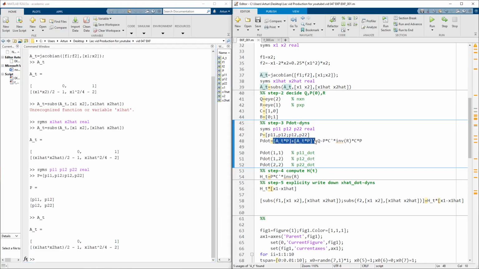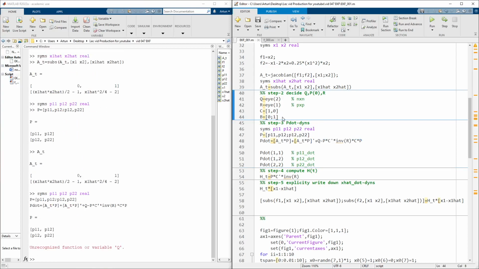This is the formula, an algebraic equation. Here, this is Q, and this is basically that formula. So the P dot term is a 2 by 2 matrix, and each entry includes some of the following variables: P11, P12, P22, x1 hat, x2 hat, right?